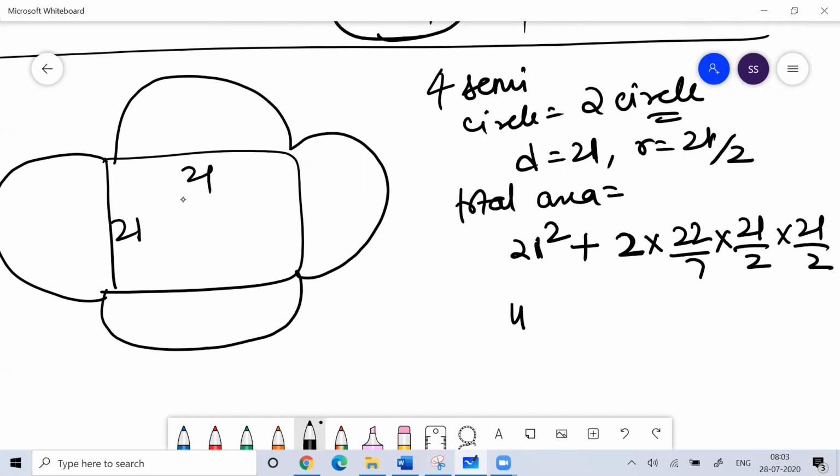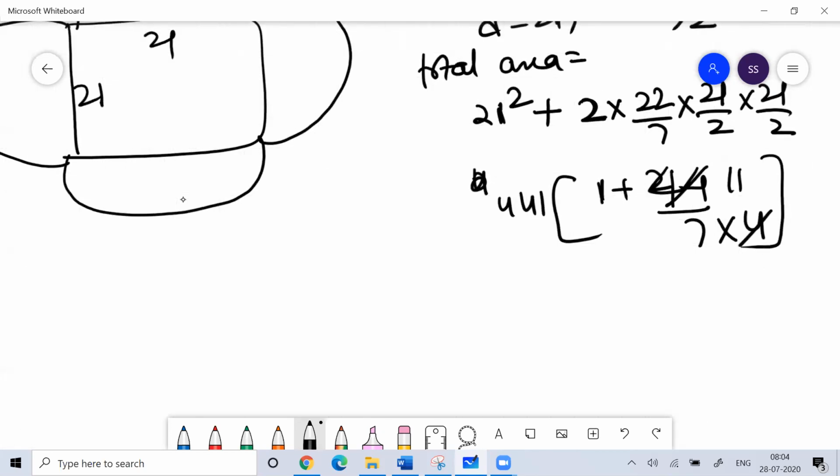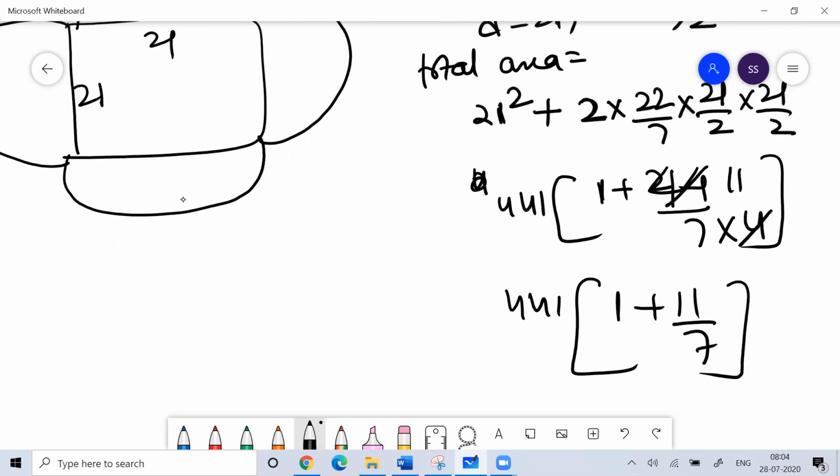If you take 21 common, you will get 21 times 21 into 1 plus 44 by 7 by 4. So you get 11. So you can write this as 441 into 1 plus 11 by 7.